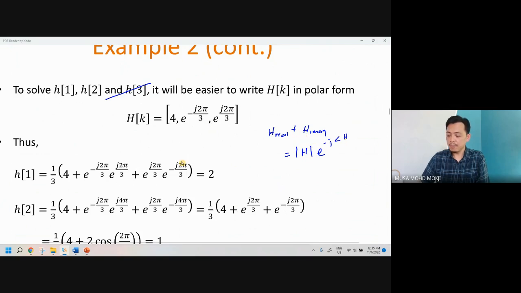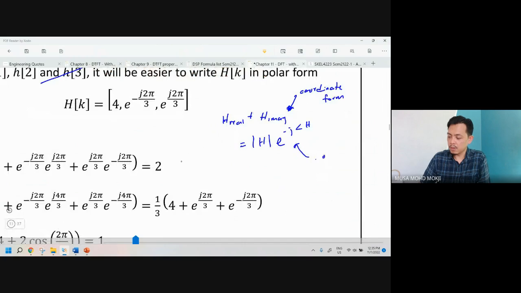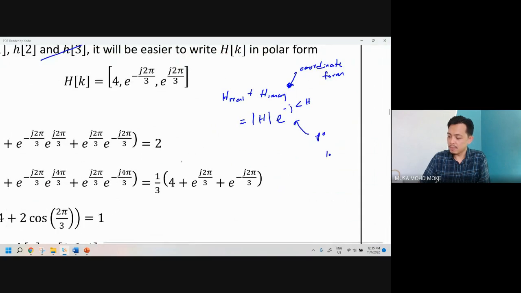This is coordinate form, and this one is what we call polar form. A lot of maths here, especially trigonometry and complex numbers, so be careful on that one. So these are the two forms of a complex number: coordinate form or polar form.